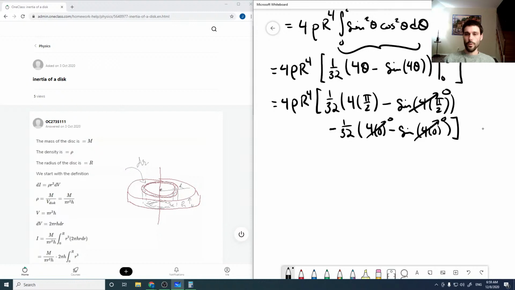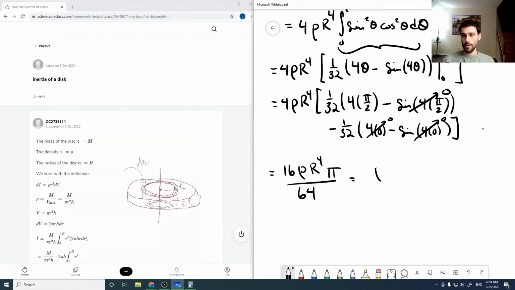So we can pull the 4 out, or, well, I guess we're just multiplying everything together anyway. So 4 times 4 is 16, rho r to the 4th, and we've got a pi. And then we're dividing by 32 times 2, which is 64. 16 over 64 is 1 over 4.